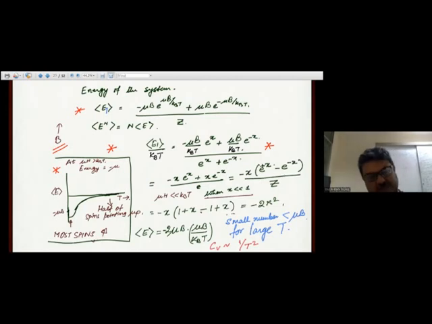On the other hand, at very low temperature, when mu b is much greater than kBT, then all the spins are pointing in the direction of B. So even if you change temperature slightly, nothing much is going to happen. All of them are already saturated. Only a small number are going to flip and release energy as you go down in temperature.